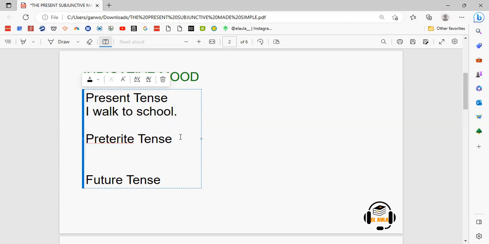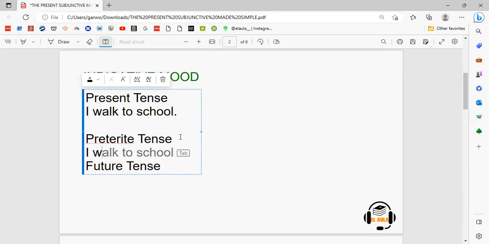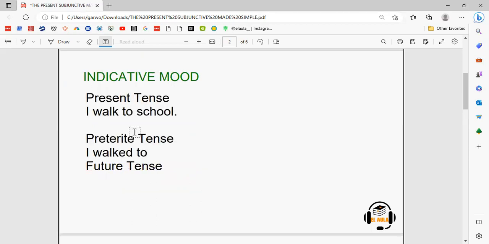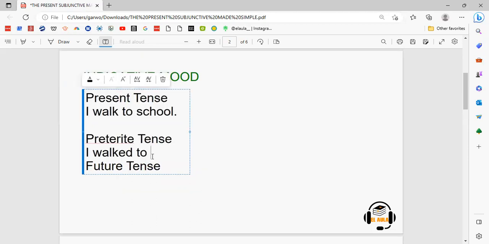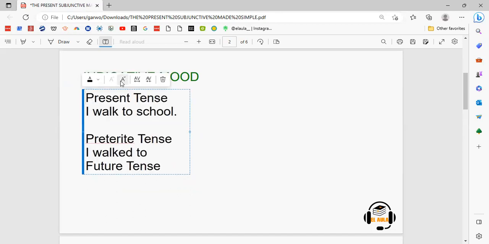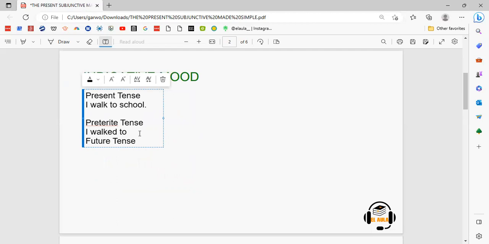When we're using the preterite tense, for example, and I say, I walked to school, right?